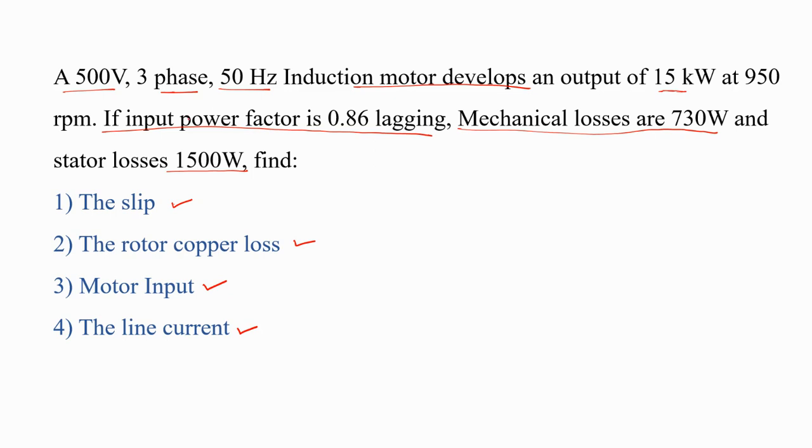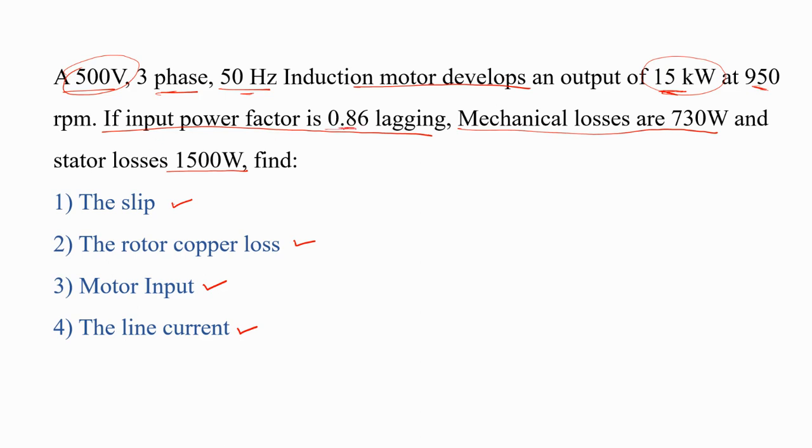So basically we have a three-phase induction motor which operates at 500 volt three-phase supply with frequency 50 hertz. It develops an output power of 15 kilowatt, that is mechanical output, and the running or actual speed of the motor is 950 rpm.